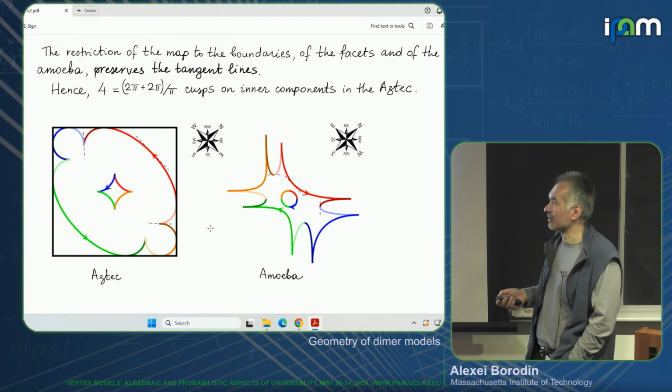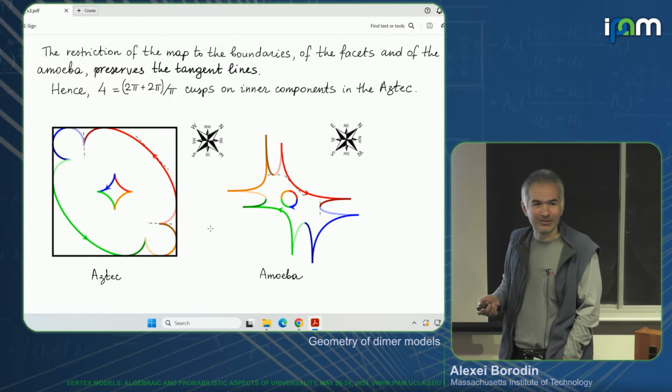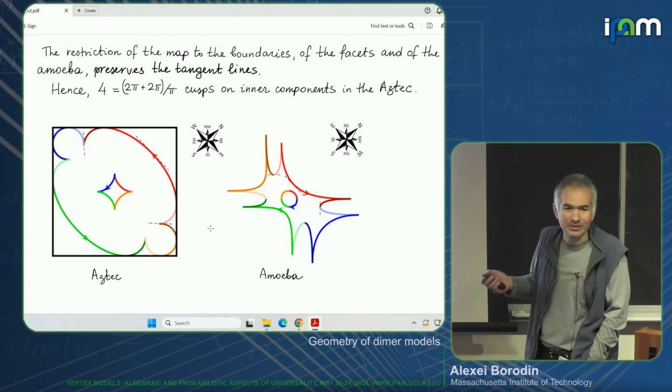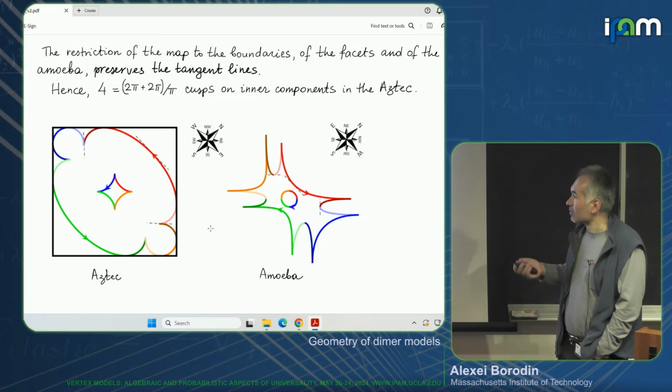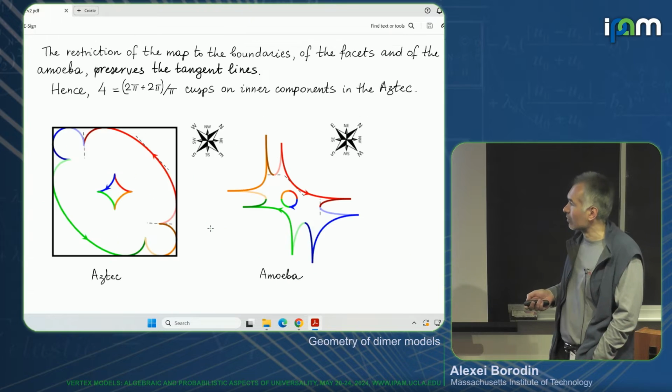And so cusps are things that get rid of that discrepancy, pi at a time. And so you need 4 cusps in order for this picture to exist. So in the case of the Aztec, one really has them always with 4 cusps.